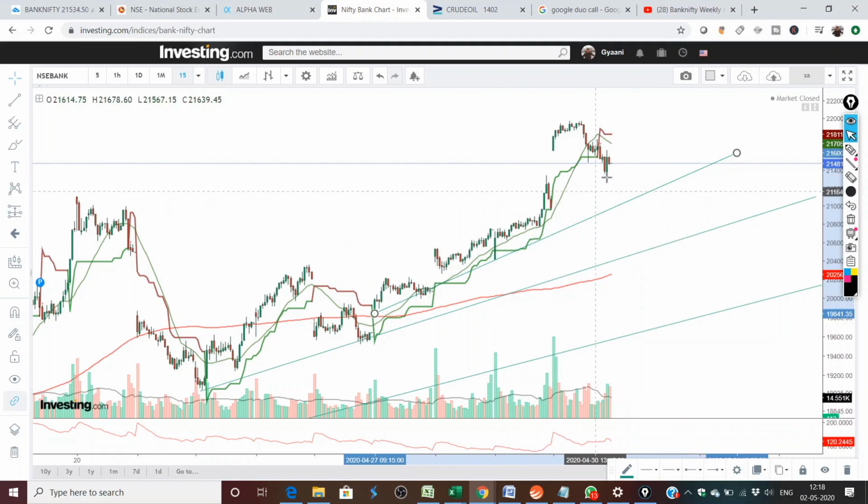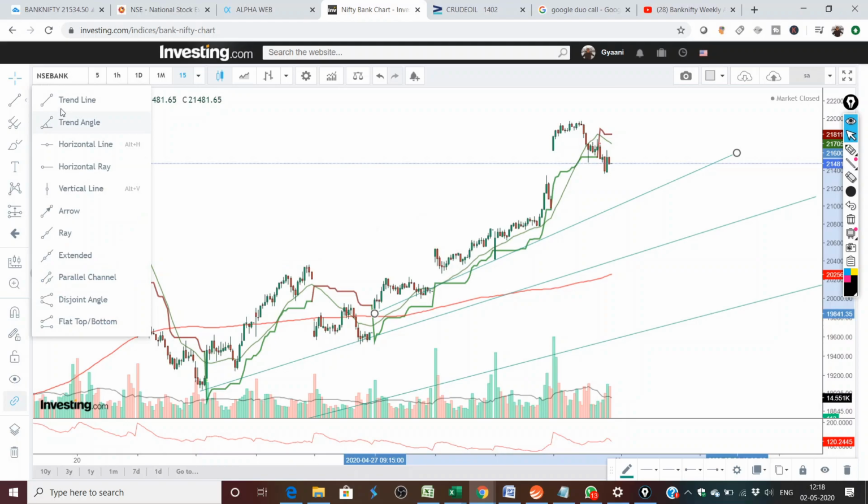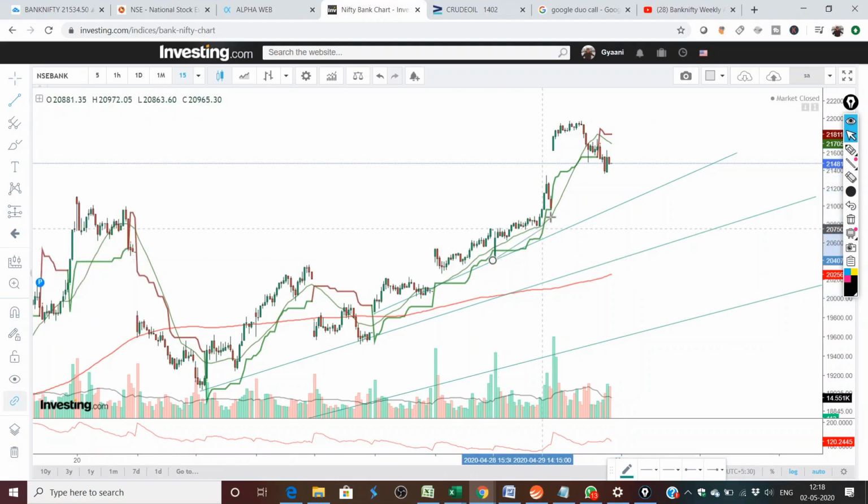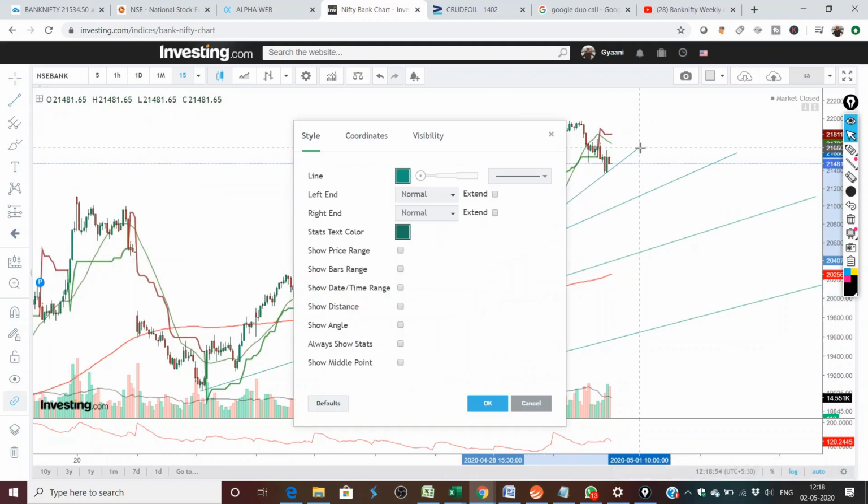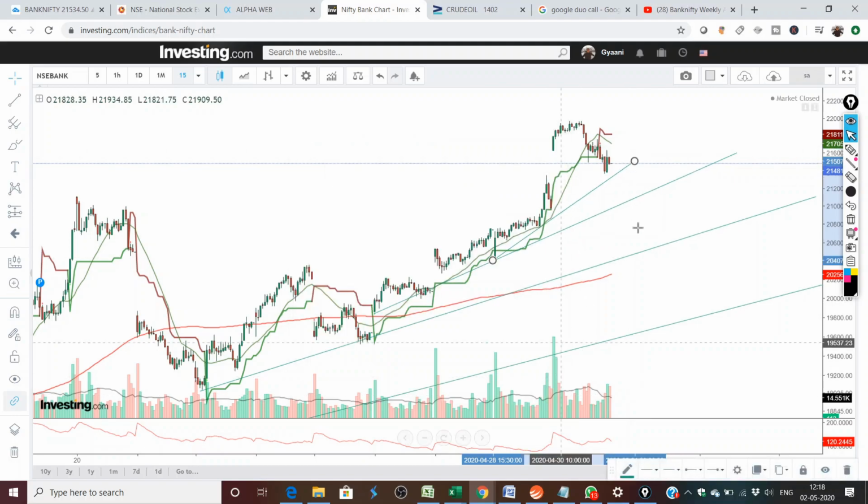If you mark it from here again, there will be a different trend line. See this, so this is exactly the trend. This is the first trend. If it wants to go up, it will go up from here and the first target will be this one.